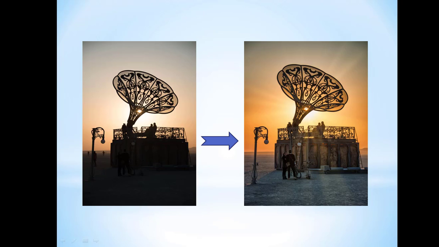Here's another image from Burning Man. In this one, I exposed purposely for the sky. I wanted the sun not to be burned out and turn out to be just a giant white blob in the sky. However, after post-processing, I was able to bring the details back into the dark foreground, reestablish the colors.